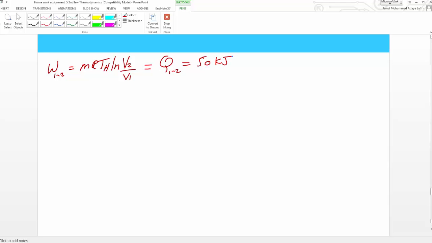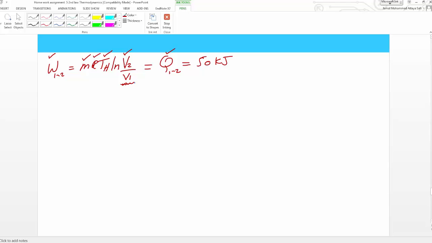Now, what do I know? This is given, this is constant, this is already calculated. V2 is given, V1 I don't have, and of course the work is given, which means that I can calculate V1.